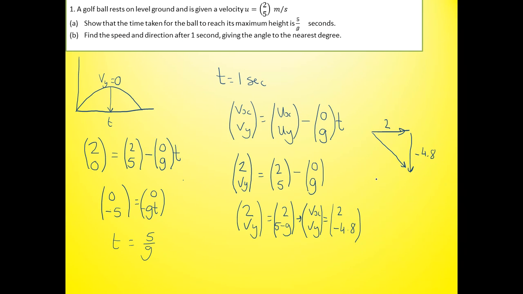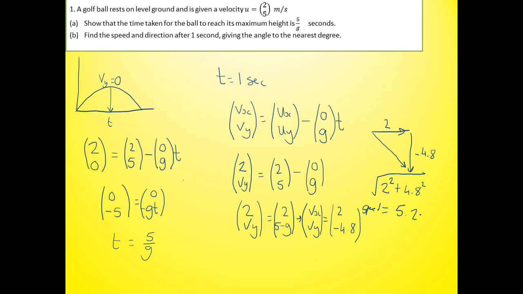So our resultant will end up being 2 squared plus 4.8 squared, and take the square root, which means that our speed is equal to 2 squared plus 4.8 squared, and take the root of that answer, is equal to 5.2.